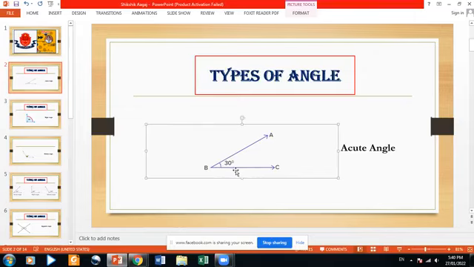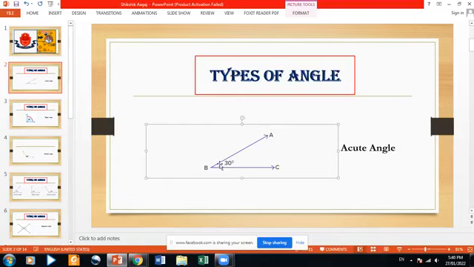We can also read this angle by a single letter, that is angle B. So angle ABC or angle CBA or angle B.